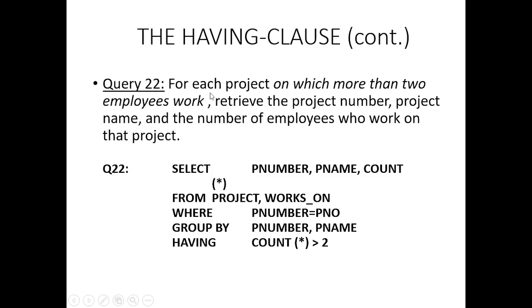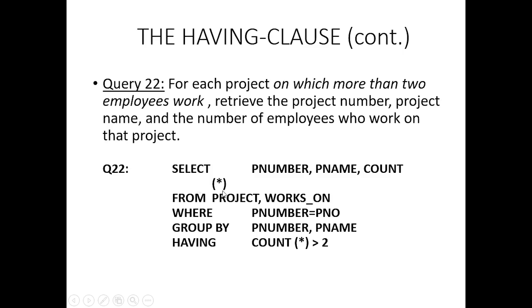That is, for each project on which more than two employees work, retrieve the project number, project name, and the number of employees who work on that project. And for each project on which more than two employees work, that is a condition.